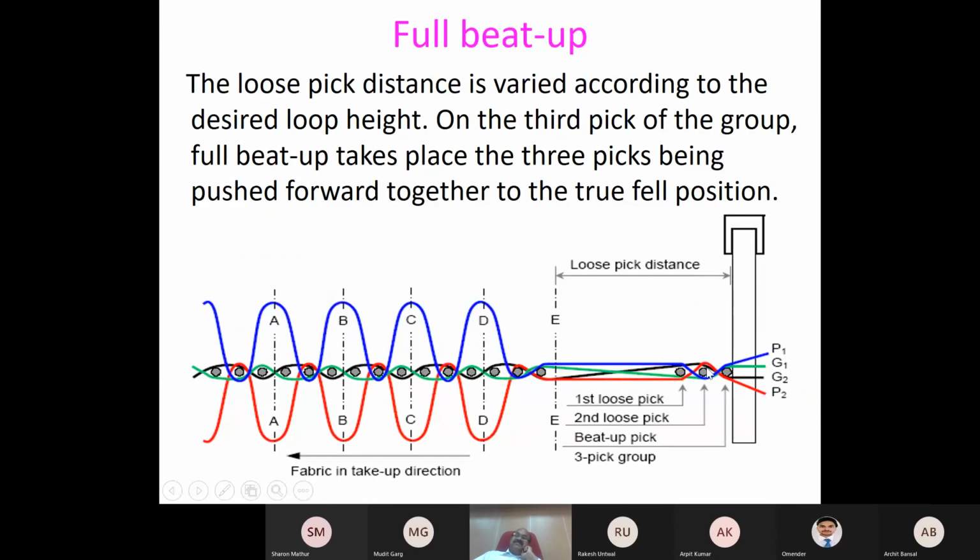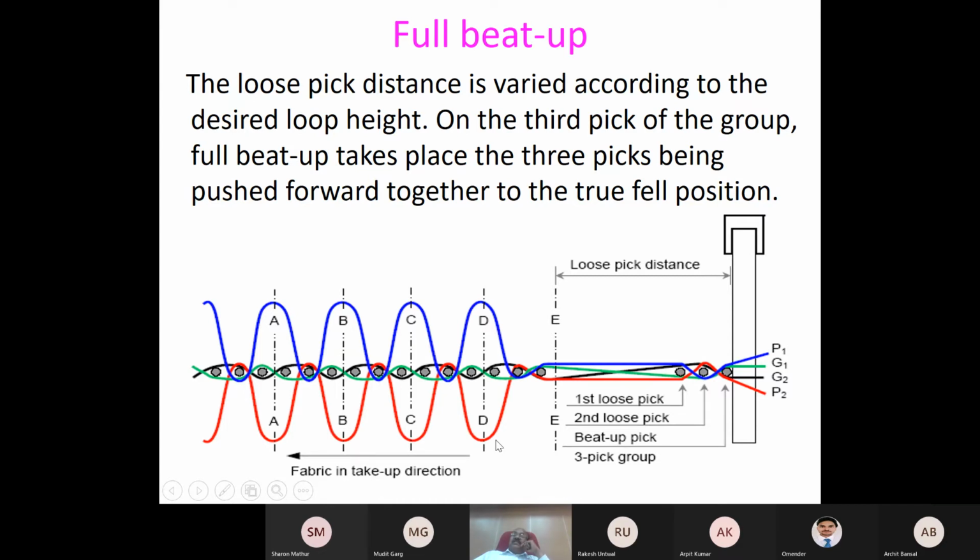Look at this. If pile length increases, the loop height will increase. The thickness of the fabric will increase and the GSM, the areal density, that is the weight of the fabric, will also increase.